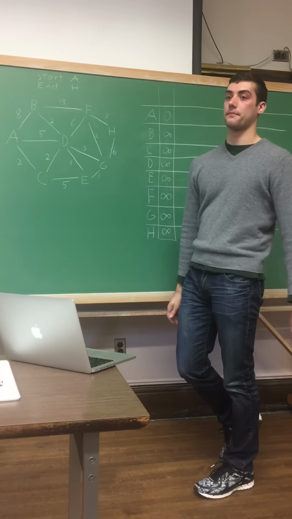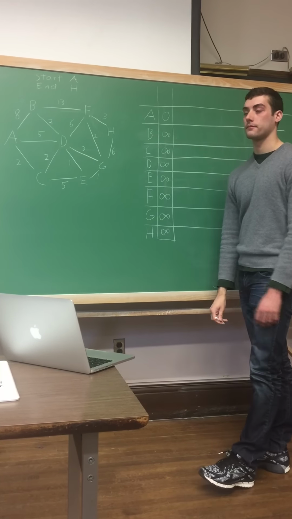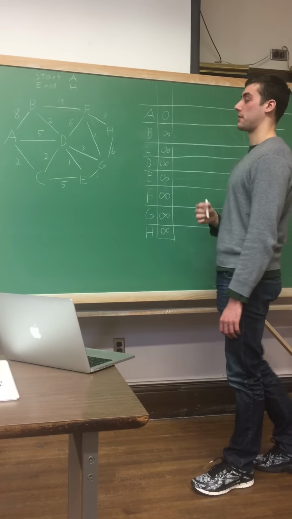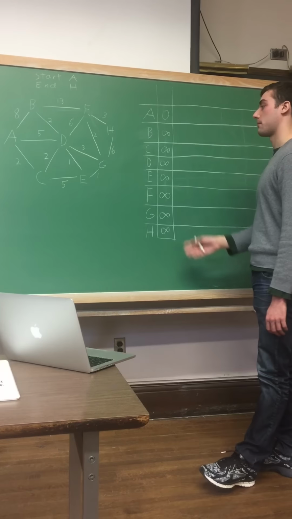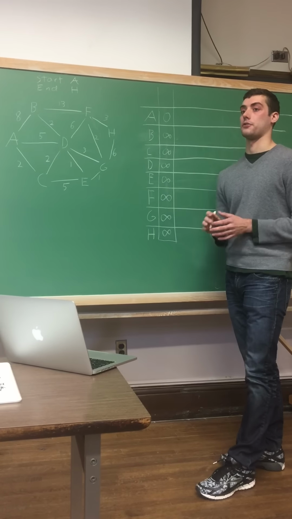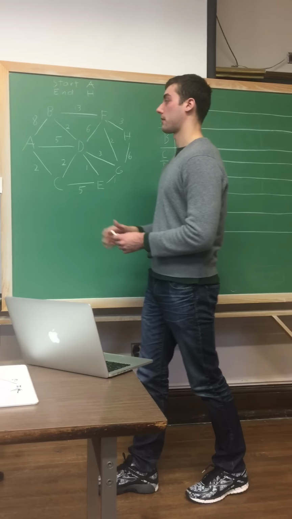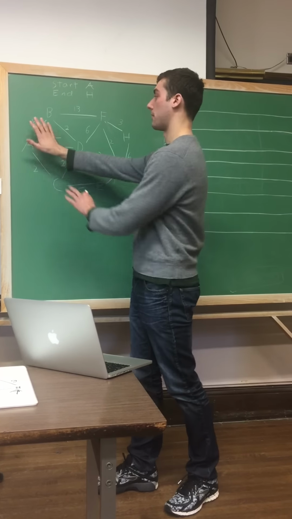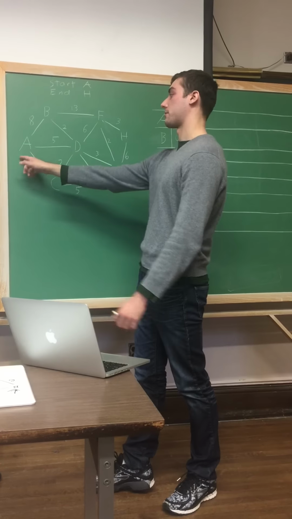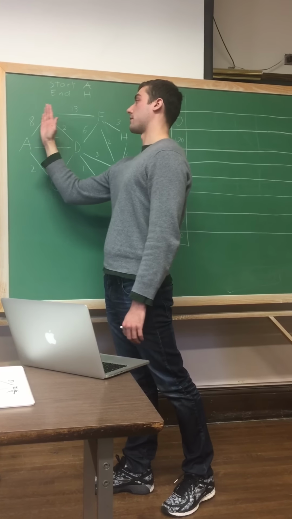So, why can't you reach B, D, and C? They're directly connected to A. So you can, and that's the next step. But basically, each column represents a slice of time in our knowledge. Imagine you're standing at this point and you can't even see the rest of the graph.